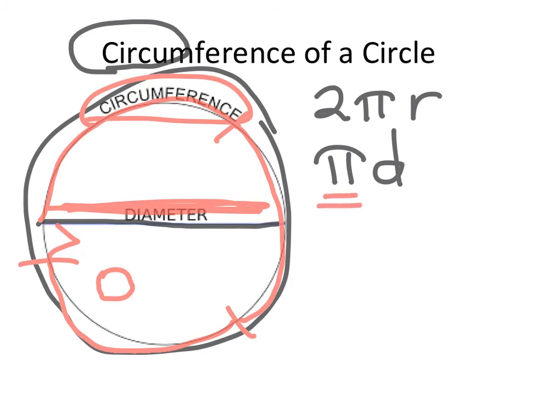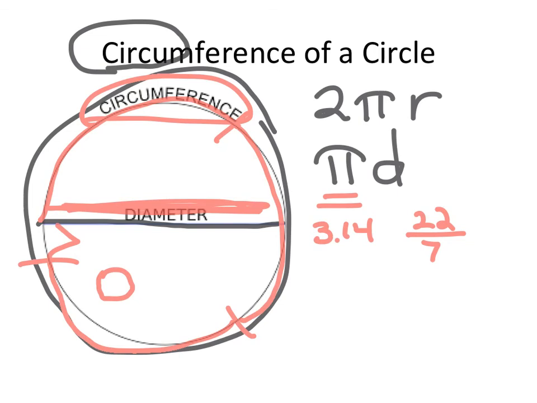Pi is the magic number that someone discovered thousands of years ago probably, that helps us express that relationship. So it's 3 and a little bit more. So if you use 3.14 or you use 22/7 or whatever you use for pi in any given situation, that's 3 and a little bit more.